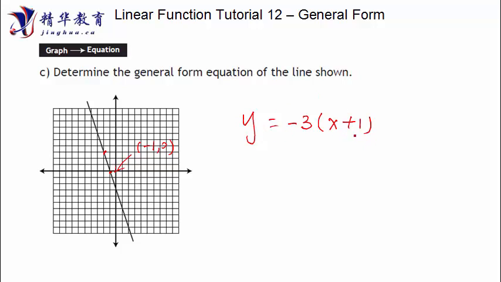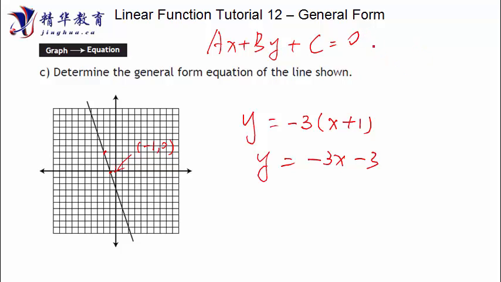How do we convert point-slope form into general form? We expand it. y equals negative 3x minus 3. So think about this. What is general form? General form is ax plus by plus c equals 0. One thing we need to make sure is that one side of the equation is nothing, so it must be 0.